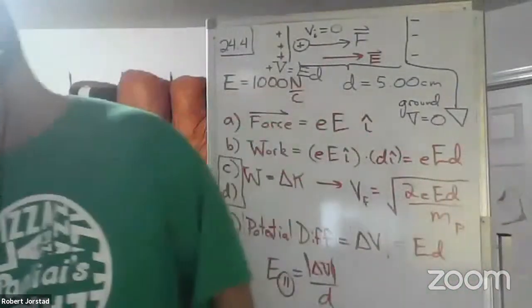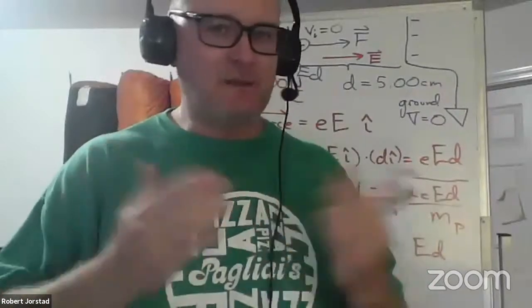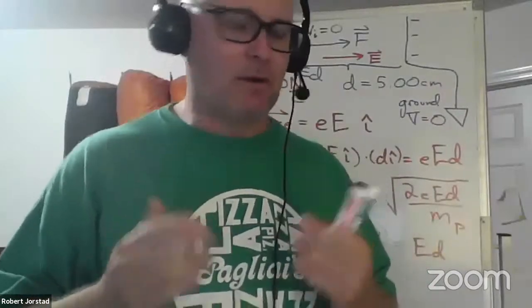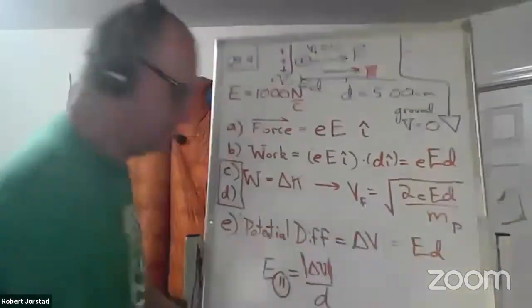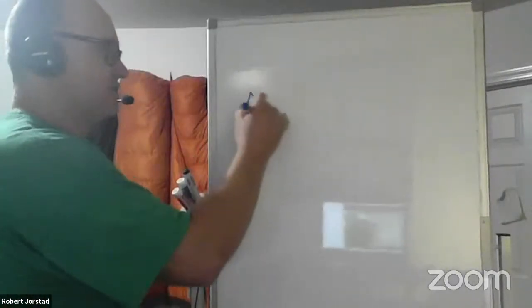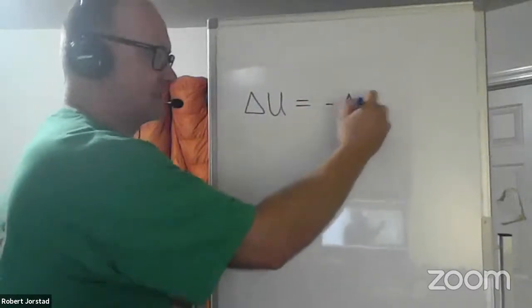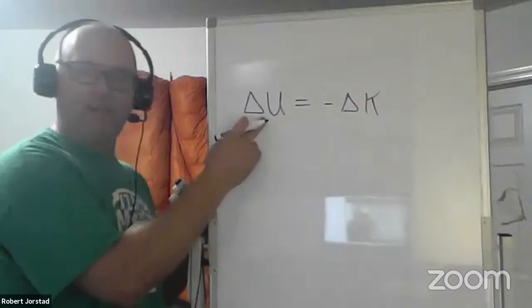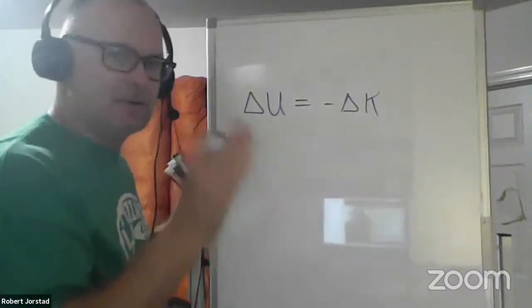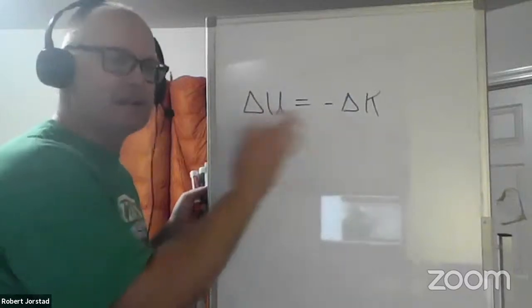It's arbitrary. You might be saying, well, wait a minute, can I just flip this stuff around? If you remember back in the day, what matters in real problems was changes in U. Changes in U is minus delta K. The actual values of U itself never appear by themselves. They always appear as initial and final values in any real problem.